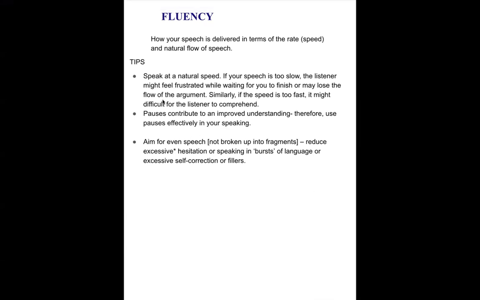Okay, so fluency is how your speech is delivered in terms of rate. Okay, so you can't be speaking so fast because you can make mistakes, or you can't speak super slow like this, because then the assessor might make you lose marks under fluency.